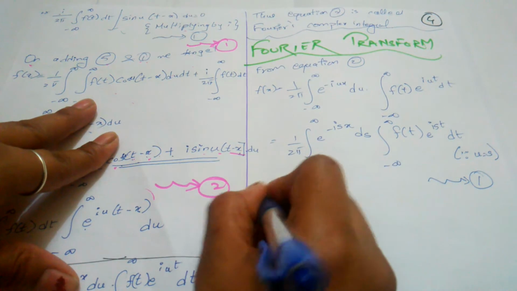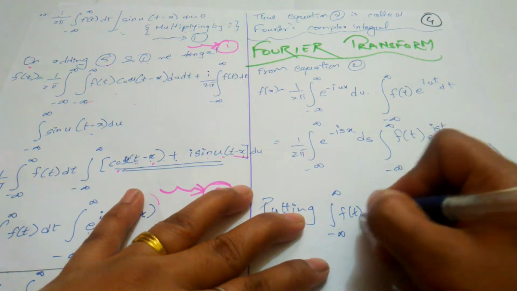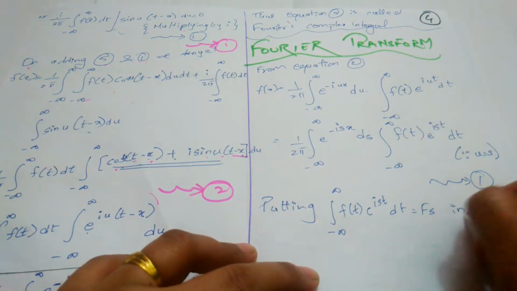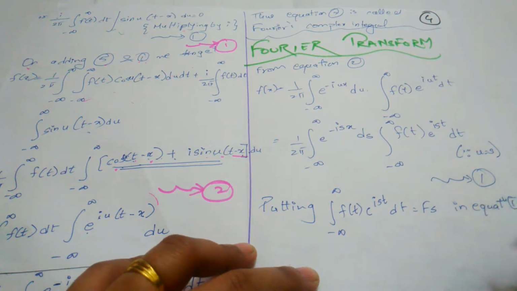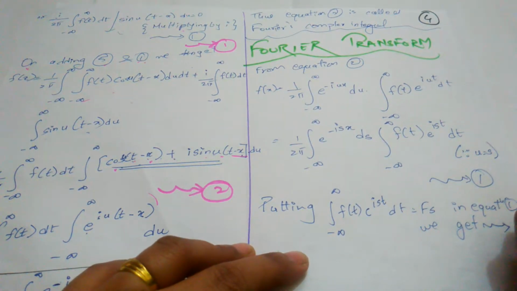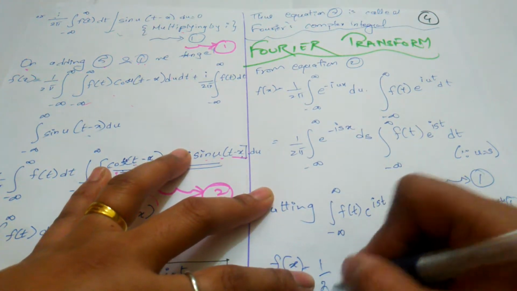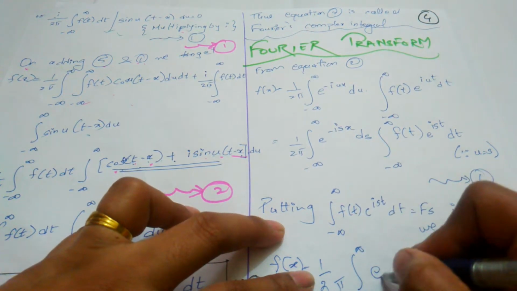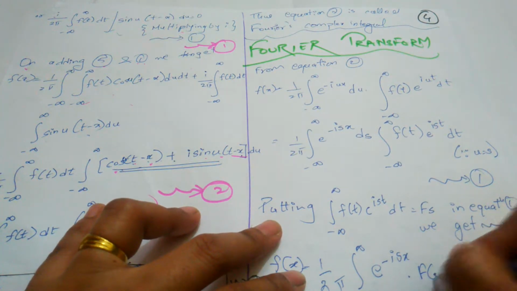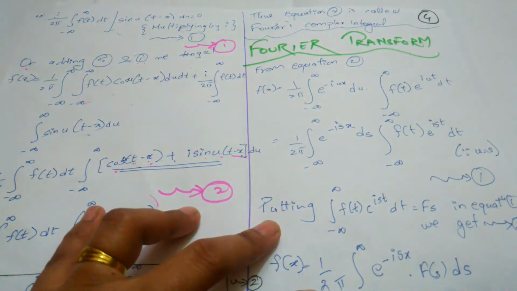Now substituting this integral, minus infinity to infinity f of t e raised to i s t dt, equal to F of s in equation 1, we get f of x is equal to 1 upon 2 pi integral minus infinity to infinity e raised to minus i s x into F of s ds.